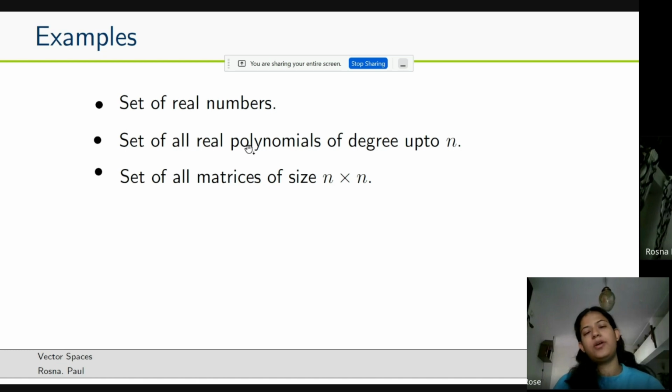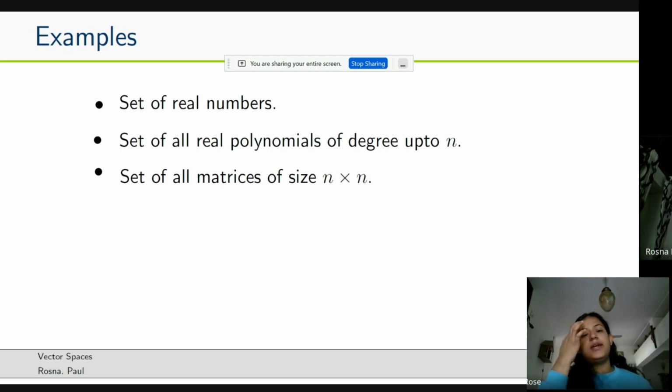Real polynomials means you take the collection of polynomials where the coefficients belong to the field of real numbers. If you take a polynomial of degree n, you know how to add two polynomials. The scalar multiplication is, if you have x raised to n, then 3 times x raised to n gives you this scalar multiplication. You can check all the previous properties and it satisfies everything.